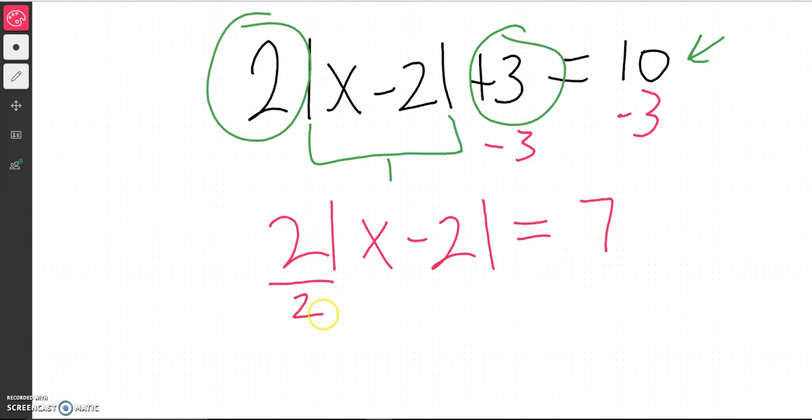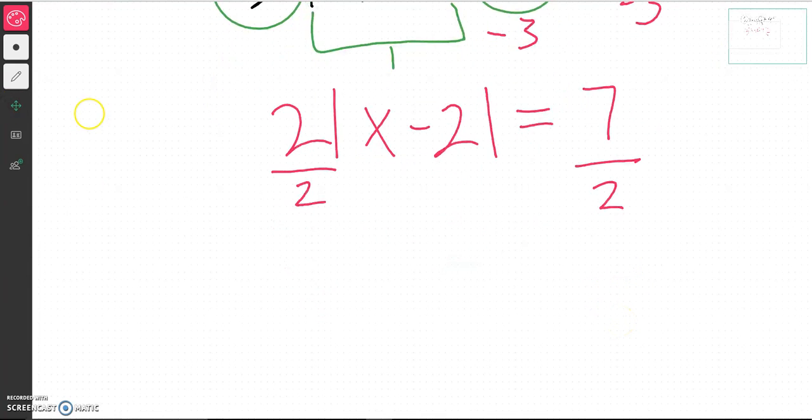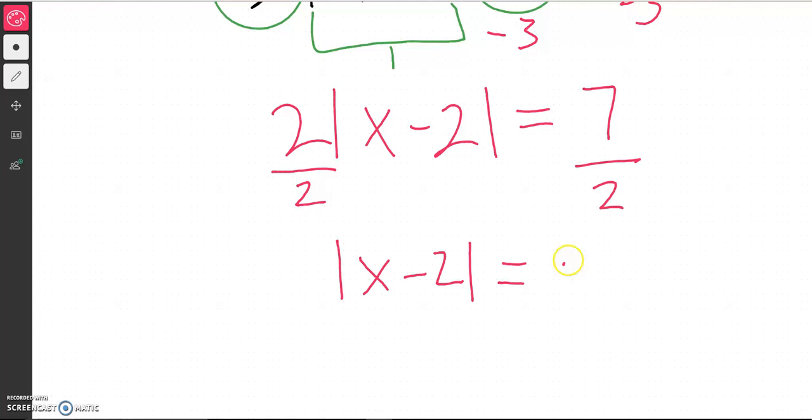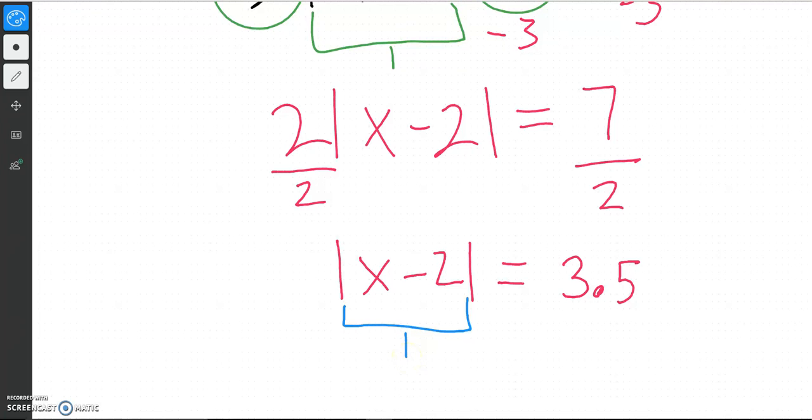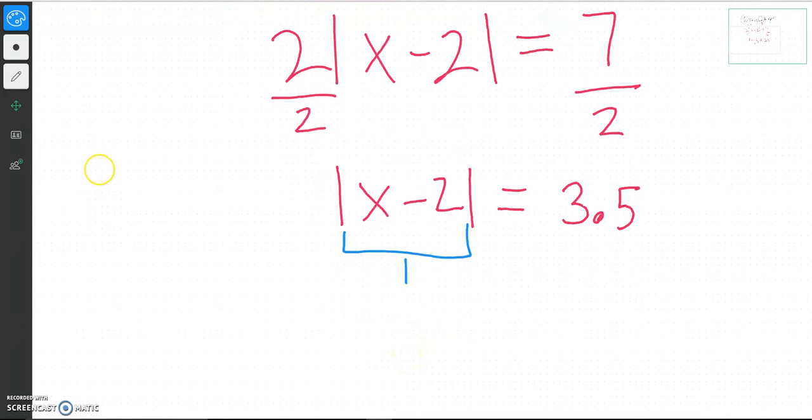Then I'm going to divide by 2. We scroll down a bit, and I will get absolute value of x minus 2 is equal to 3.5. And now I'm going to go, okay, I have an absolute value all by itself, and this absolute value can be two things.